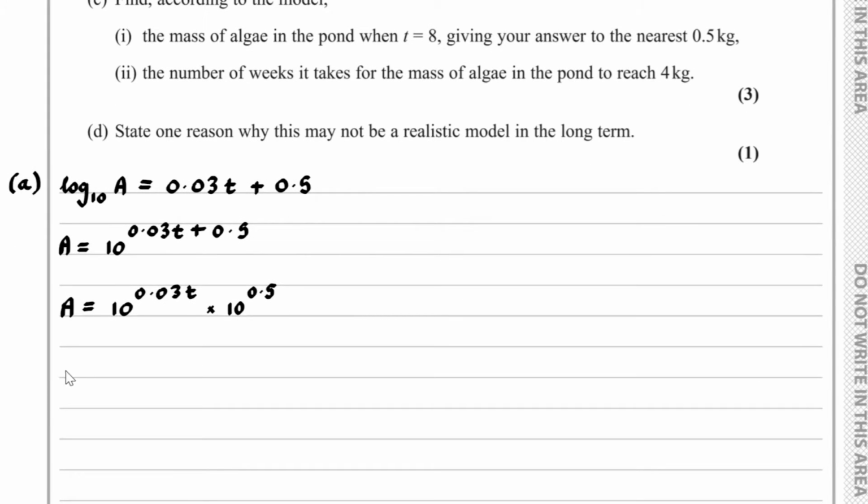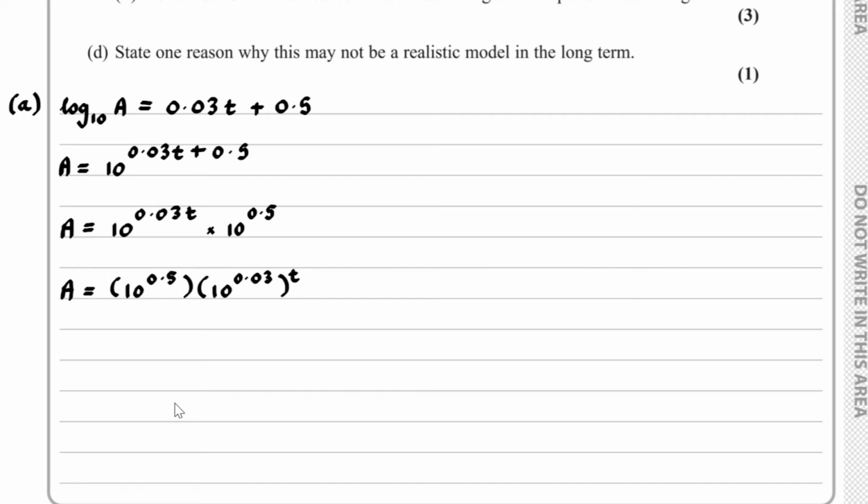And so, therefore, we have A equals 10 to the power of 0.5 multiplied by 10 to the power of 0.03 raised to the power of T. And now we need to work out these values to 4 significant figures.